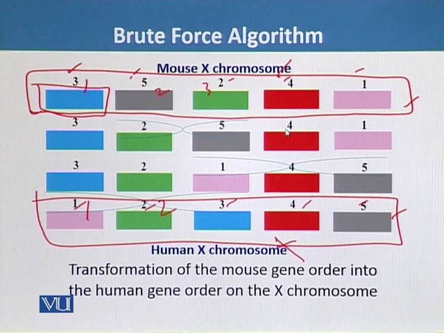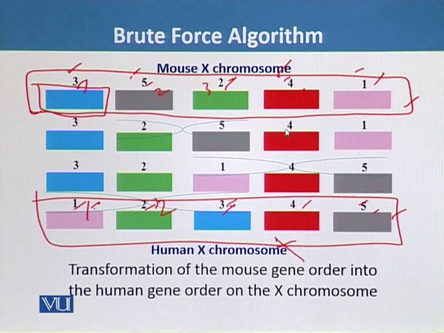Synteny number 1 in the human is also present in the mice. Synteny number 2 is present in the mice at position number 3. The third synteny in the human is present at the first place. Fourth is the same, and fifth is placed at the second place. So it's just a rearrangement of the syntenies within the mouse and the human genome.